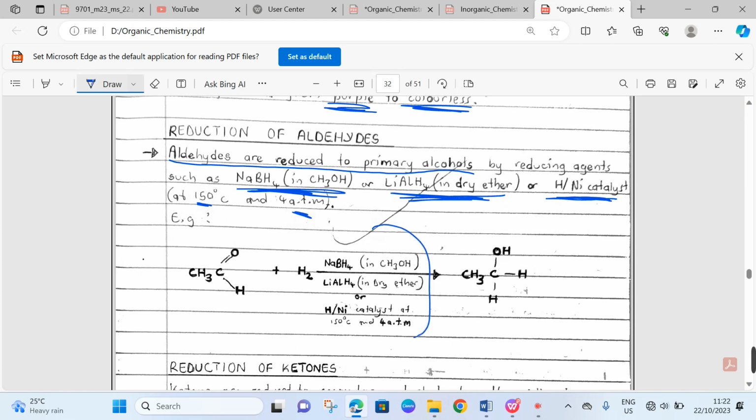So I've put all the reaction conditions here. Either of the three works. So you've got your aldehyde here being reduced. You show that a reduction reaction is happening by adding hydrogen, most of the time, to produce your primary alcohol over there.